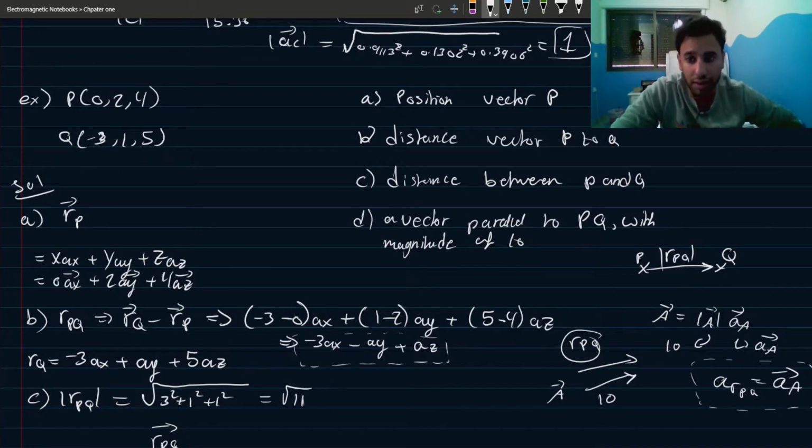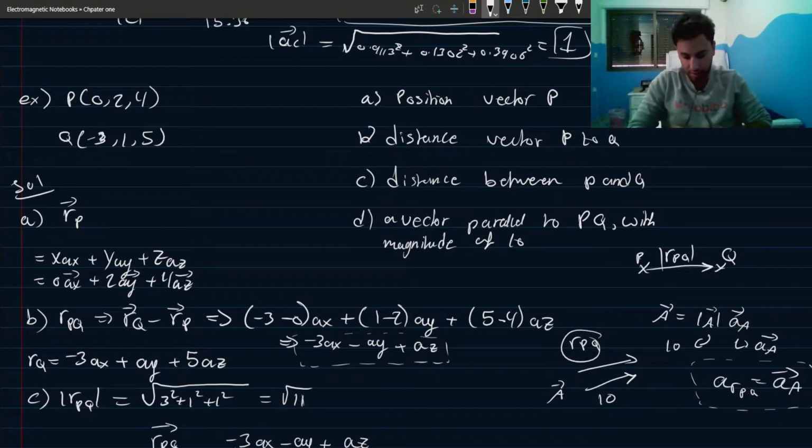Now, luckily, we already found it, which is this. So R_PQ is minus 3AX minus AY plus AZ divided by the magnitude, which is square root of 11, if I'm not wrong.